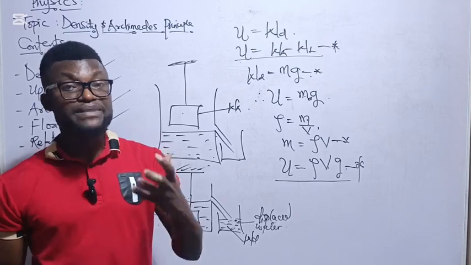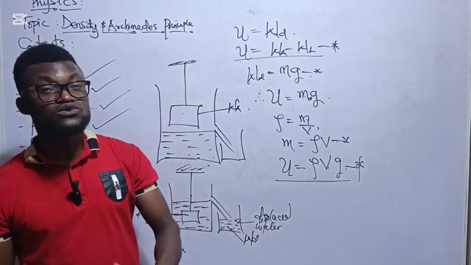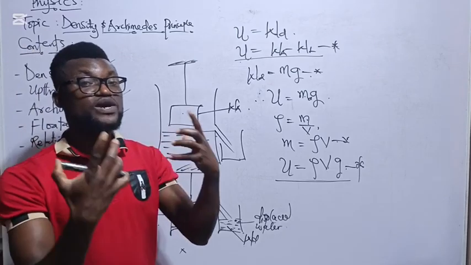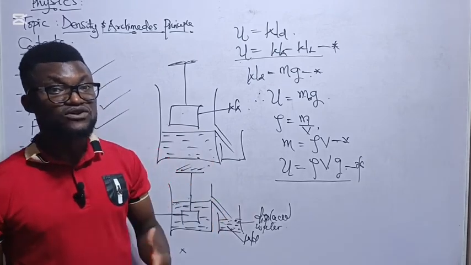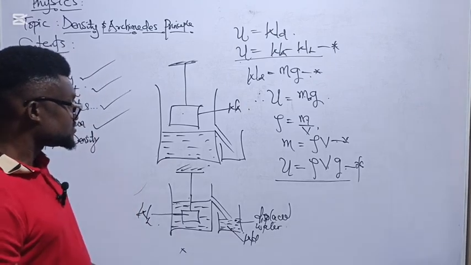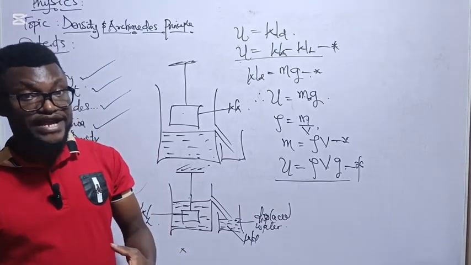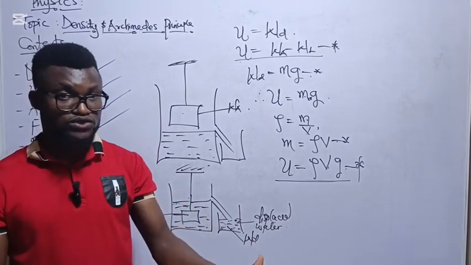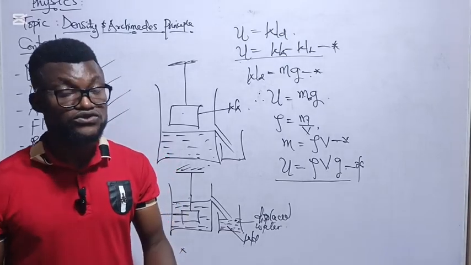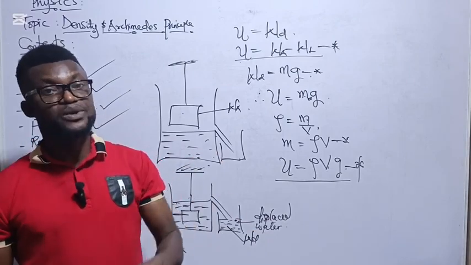So the only condition that will make a body float is when the weight of the liquid you are displacing is equal to the weight of you. So your weight being equal to the weight of the fluid, then the tendency of you floating is 100%. So at that point, we can now say, I repeat, the principle of flotation states that for a body to float, the weight of the displaced fluid has to be equal to the weight of the body.